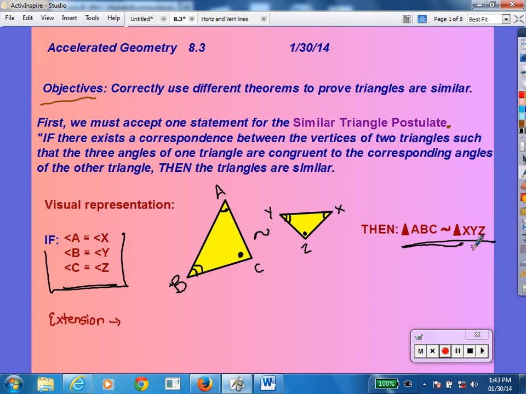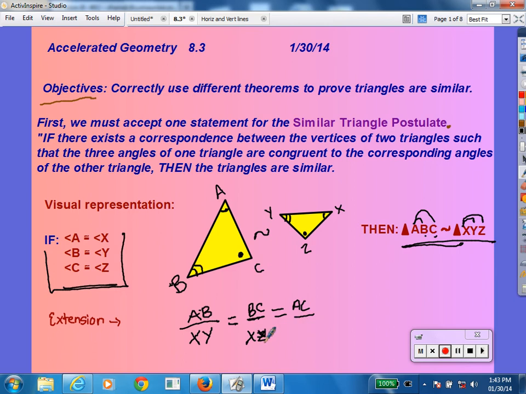If they are similar, then I can say that side AB and its corresponding partner XY, the ratio of those two sides, will be the same as doing side BC. BC corresponds to YZ. Their ratios will be equal.